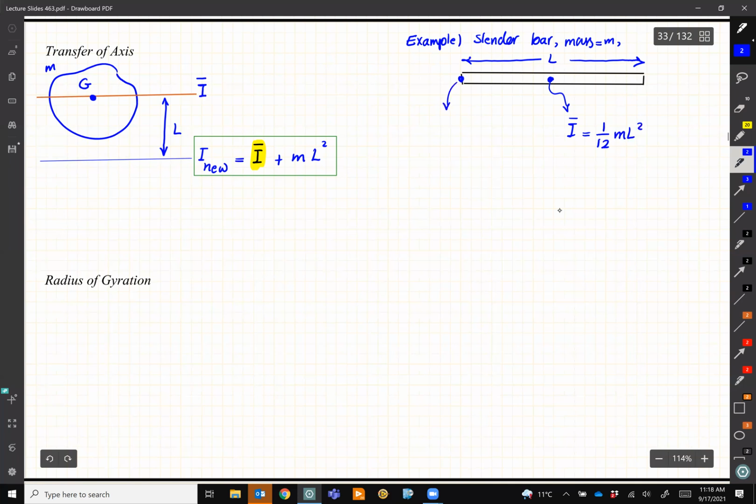Now I need I O. Let's call this point G, center of gravity.